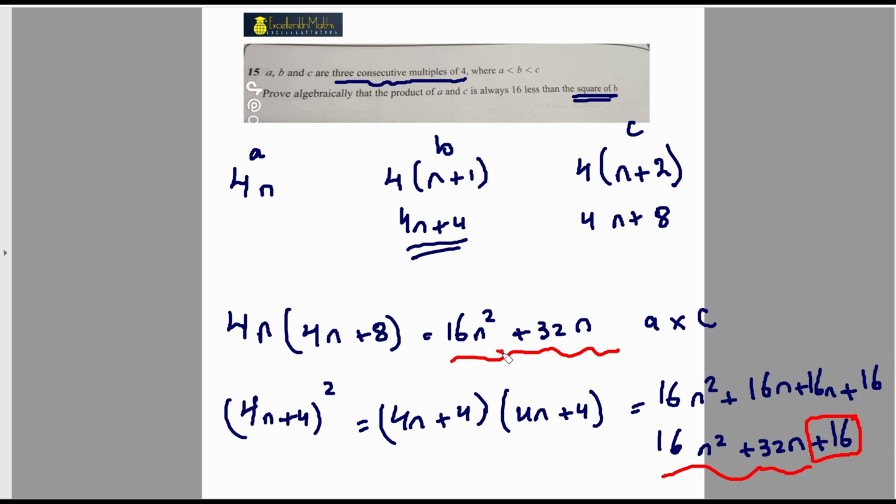So it means the product here is the same as this one, but it's 16 less. So that's true. So you have to write that this product of A and C is always 16 less than the square of B. It means square of B is 16 more than the product.